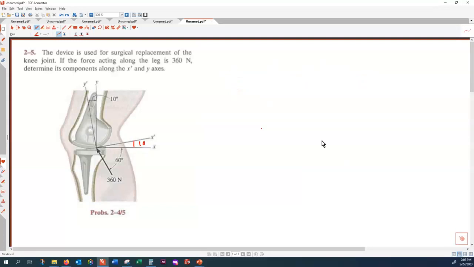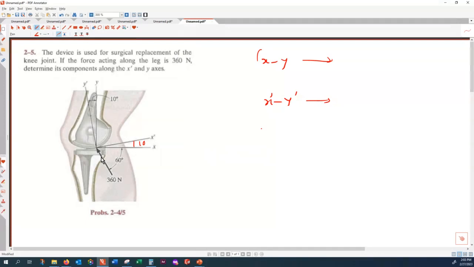So we know that x and y are perpendicular, an orthogonal coordinate system. And x prime, y prime are also mutually perpendicular. So if I rotate y by 10 degrees, x prime would rotate by 10 degrees. So we have two coordinate systems, xy and x prime, y prime.